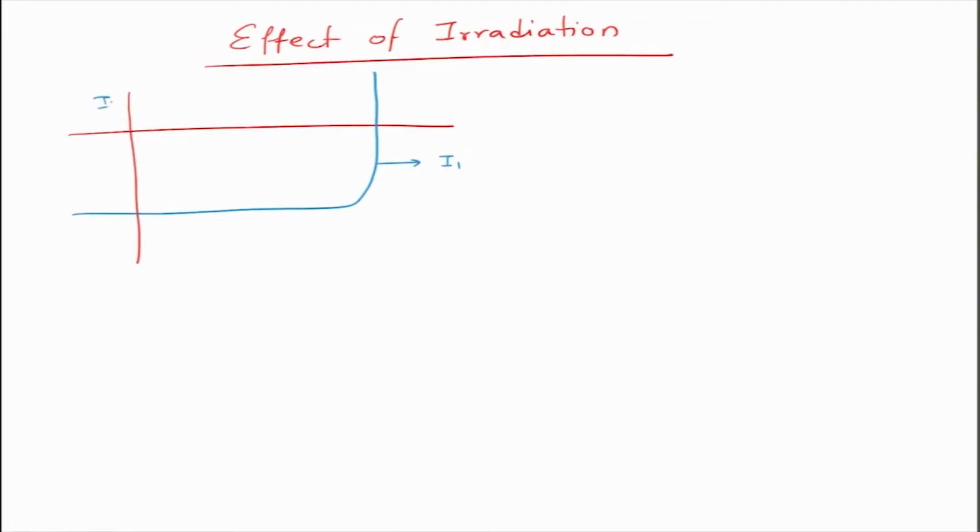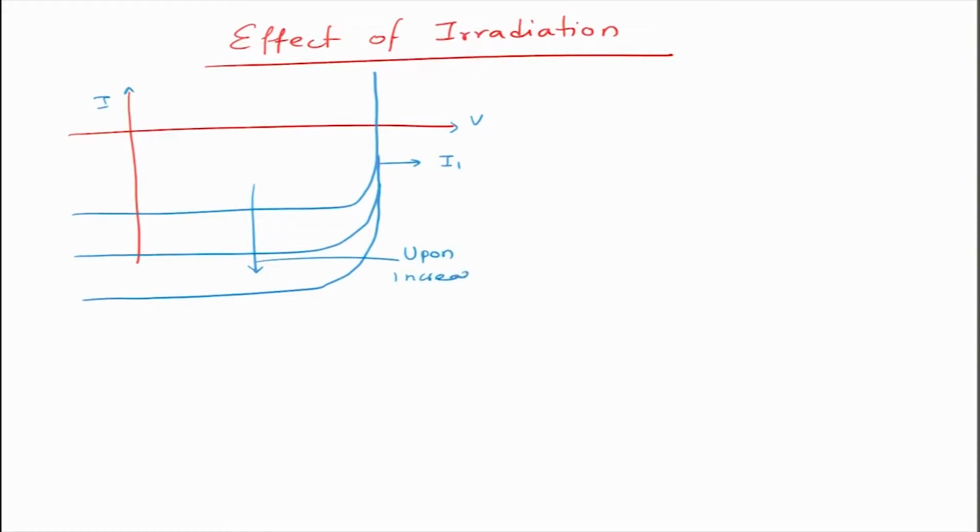If you look at the equation, since the current is directly proportional to the intensity, if you increase the intensity, the curve should shift down, and you can keep going in this direction. Ideally speaking, this is how it should behave upon increasing the intensity of radiation. As we said earlier, we defined this in 1 sun.